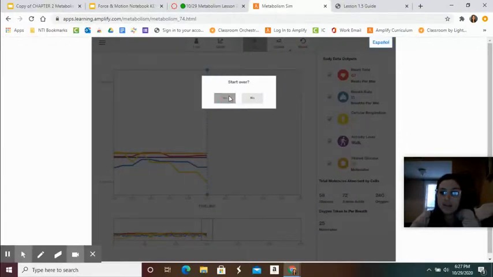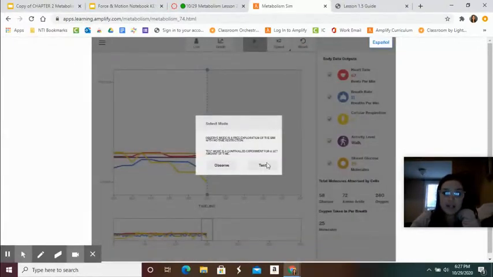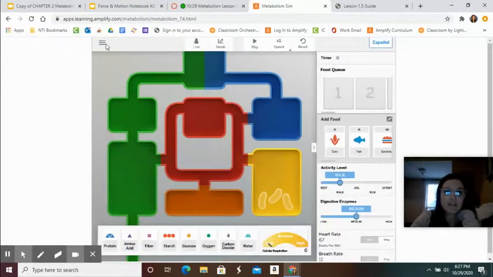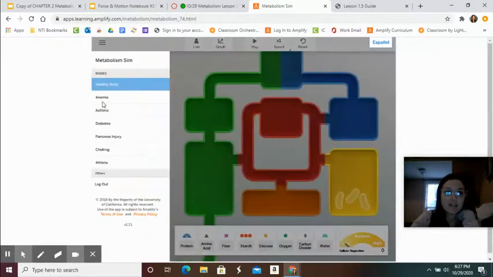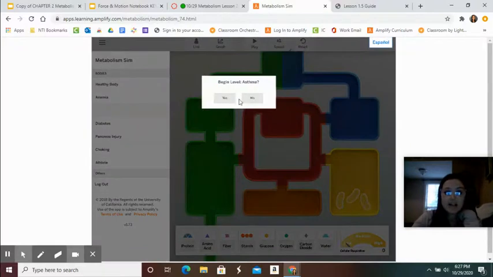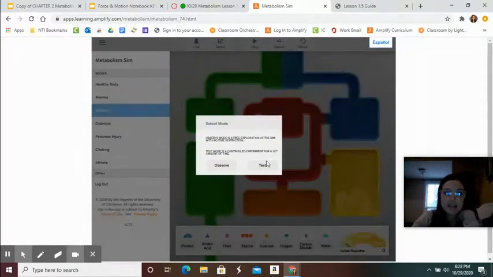I'm going to click start over. And so I'm going to click test, but I'm going to have to change my mode altogether over here. And you can see things are still going slower than slow. And so up here in the left-hand corner, I'm going to start, well, actually, yeah, I'll start with asthma since I already said I was going to do that. So begin asthma levels, yes, you're going to test.